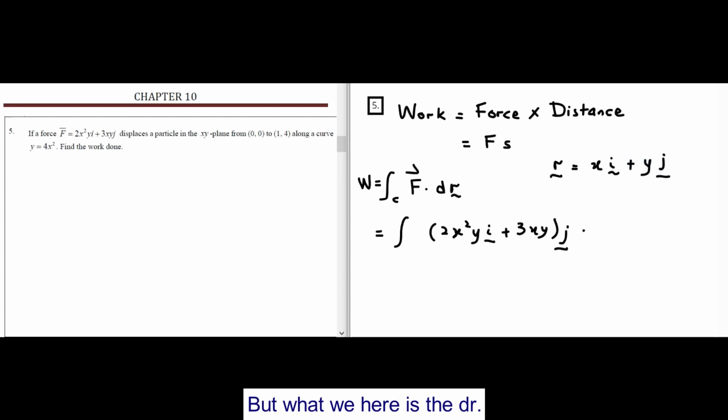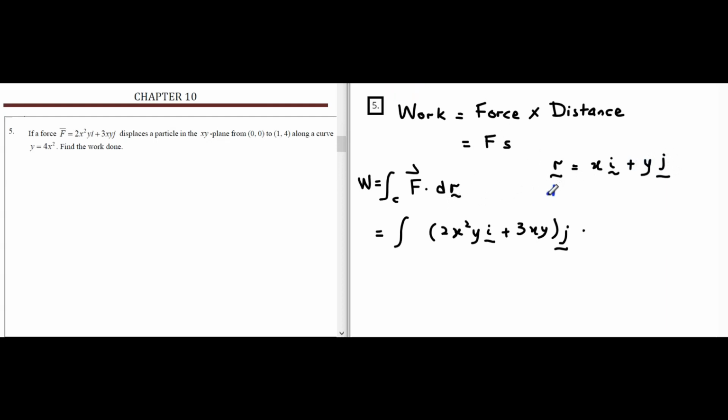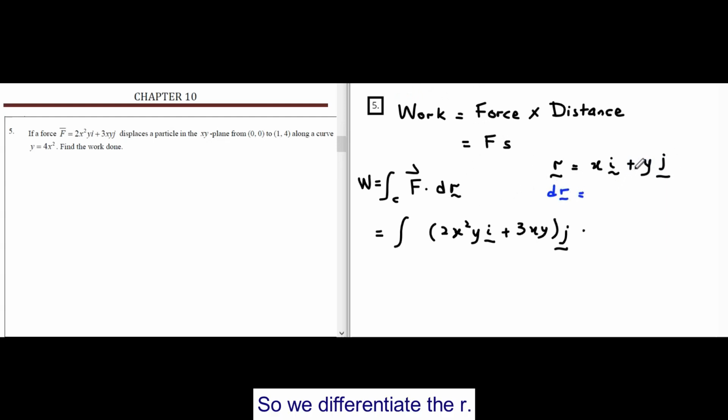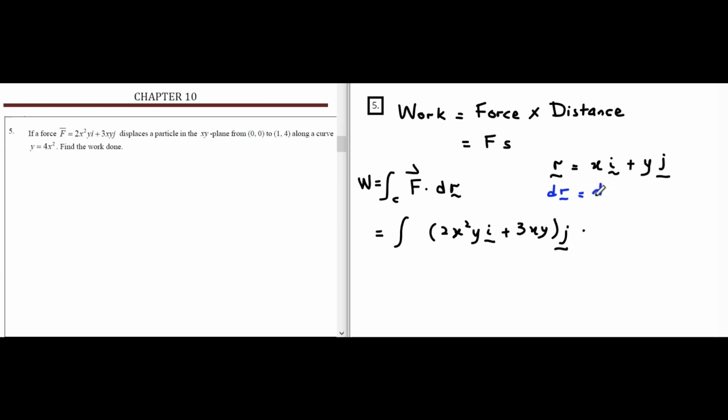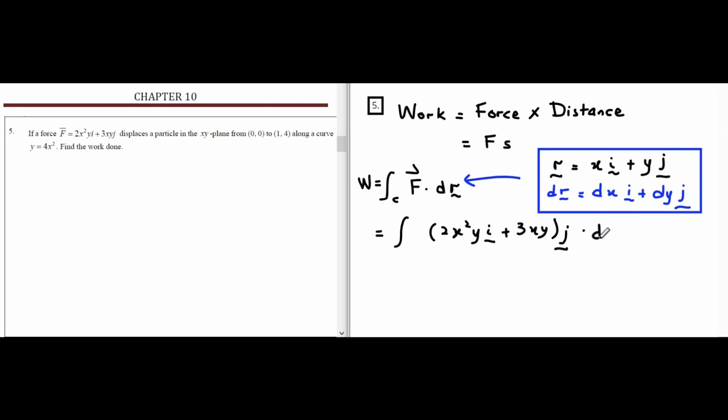But what we want here is dr, so we differentiate r.